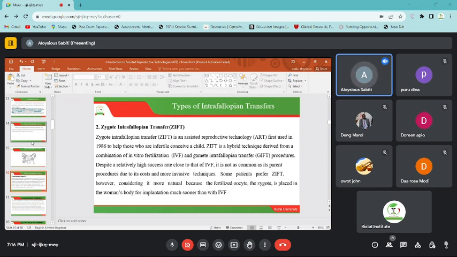In other words, some women would prefer to use this ZIFT method, probably because the fertilized embryo is placed into the woman's body sooner than with IVF. Because for IVF, you have to wait for a particular period before you can insert it.